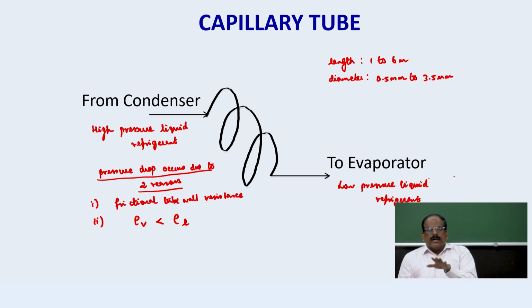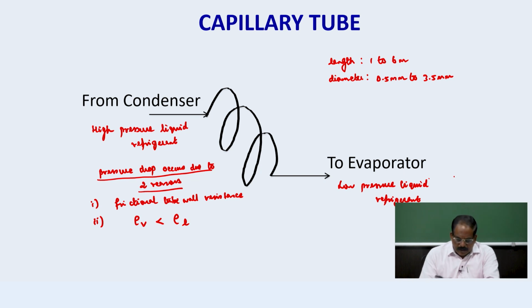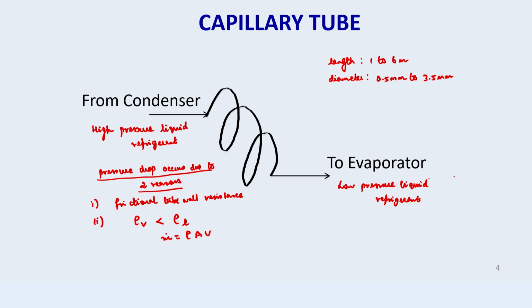So as the refrigerant is flowing inside this tube, the average density of the refrigerant across this tube reduces. So we know that m dot is equal to rho A V. The mass flow rate of the refrigerant is the same.